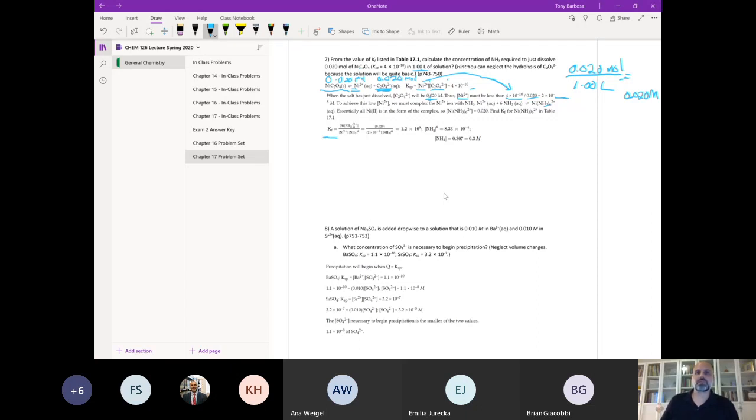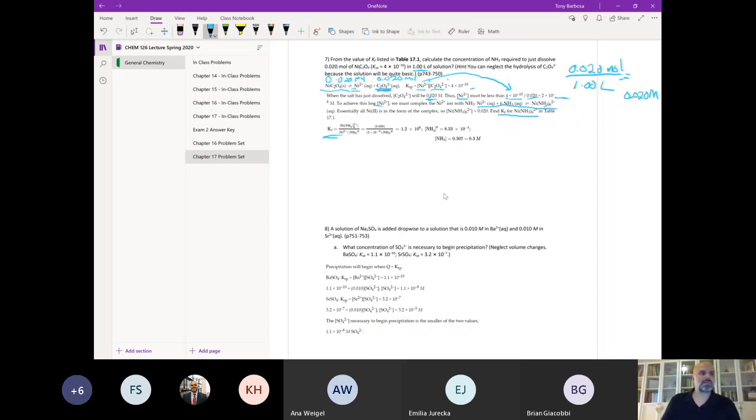Then you're going to take this and complex that nickel with the ammonia, and you create this other complex equation. For that complex equation, you go through the traditional equilibrium constant expression, and you use the table, table 17.1, which has the KFs for these particular complexes, to get your KF. Now you have your solubilities of all your compounds.